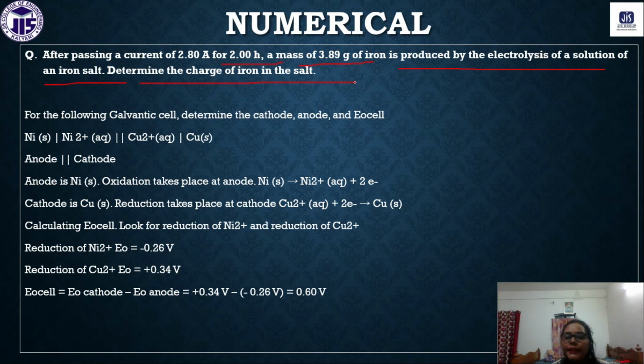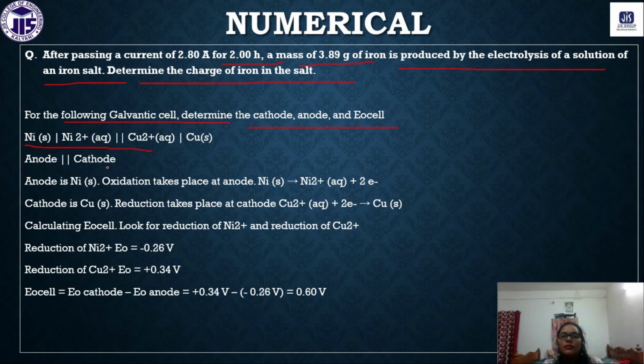Now, how can we solve this question? For the following galvanic cell, determine the cathode, anode, and E cell. Now, what is the reaction? Here you can see nickel solid to nickel plus 2 aqueous, then the salt bridge, then copper plus 2 to copper solid.